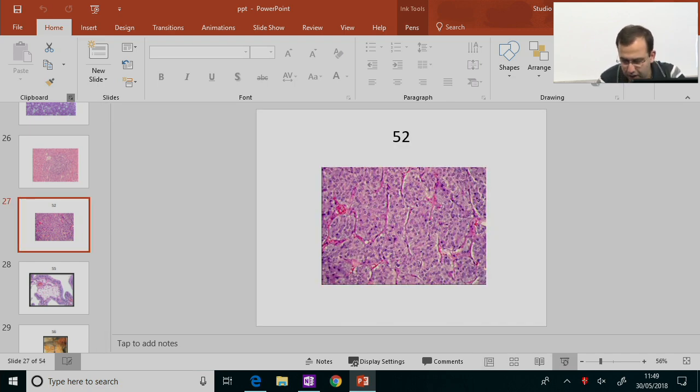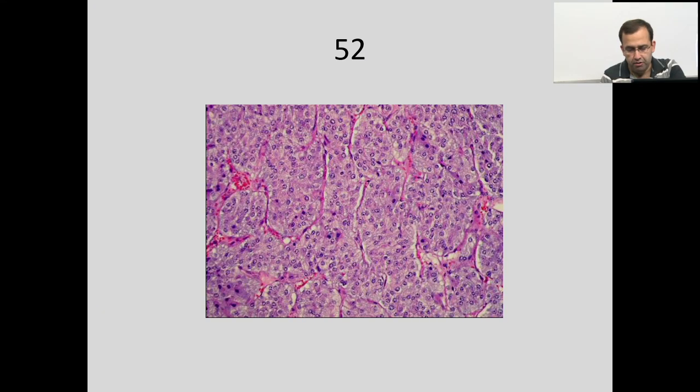So this is the Zellbellen pattern seen in pheochromocytoma. What we see here is the presence of polygonal cells in nests which are compartmentalized by a rich vascular network.